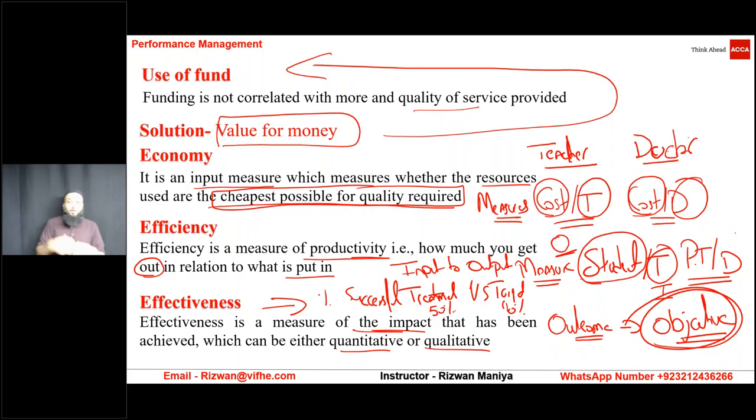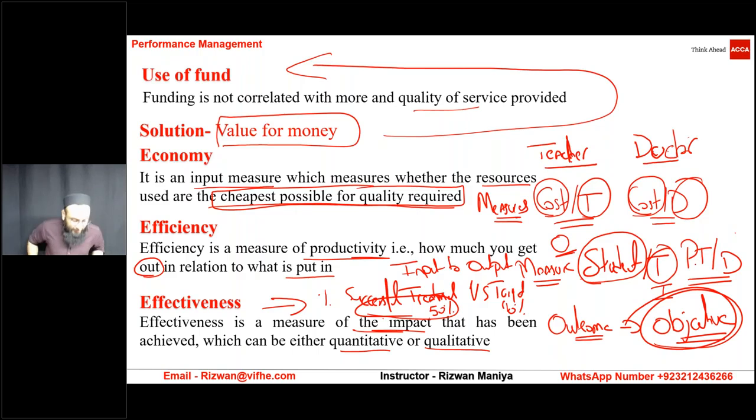You compare with something to get the idea whether you have achieved it or not. Because if 50% is the successful treatment done by you, but you don't have any target, how would you say that it's good or bad? How will you say you achieved it or not? You need to have something to compare with. So comparison is important, right?